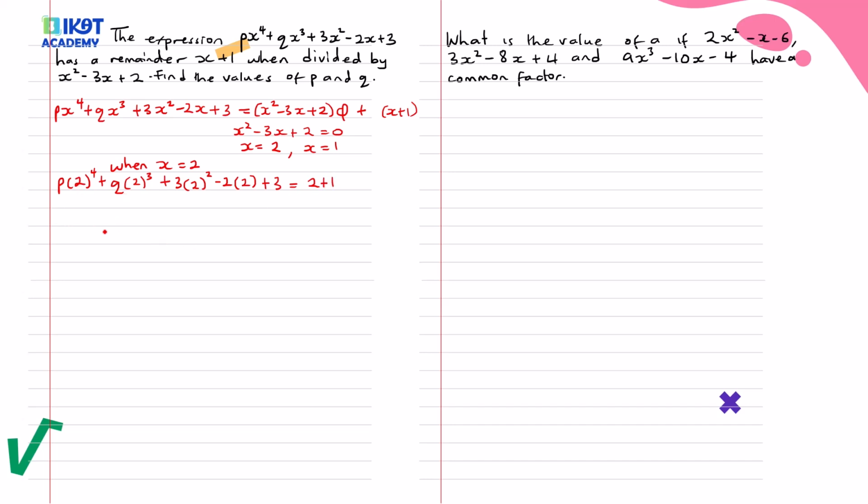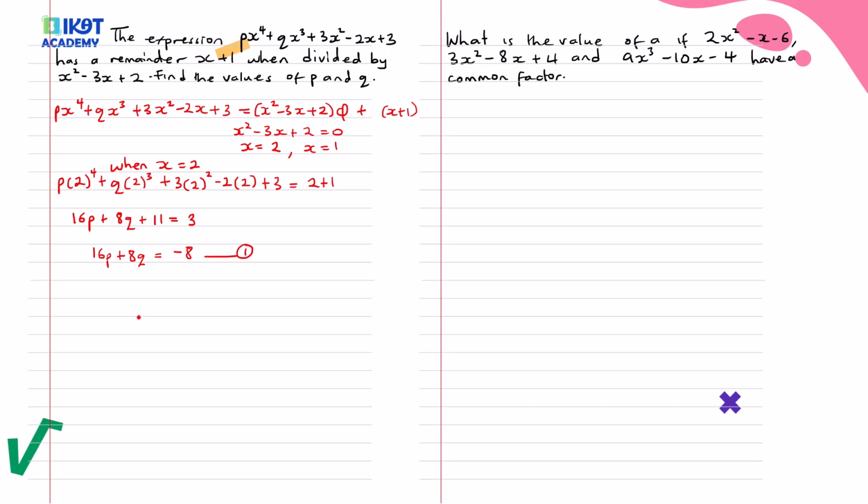What are we going to get? We are going to get 16p plus 8q plus 11 is equal to 3. So our final equation will be 16p plus 8q is equal to negative 8. So this is equation 1.